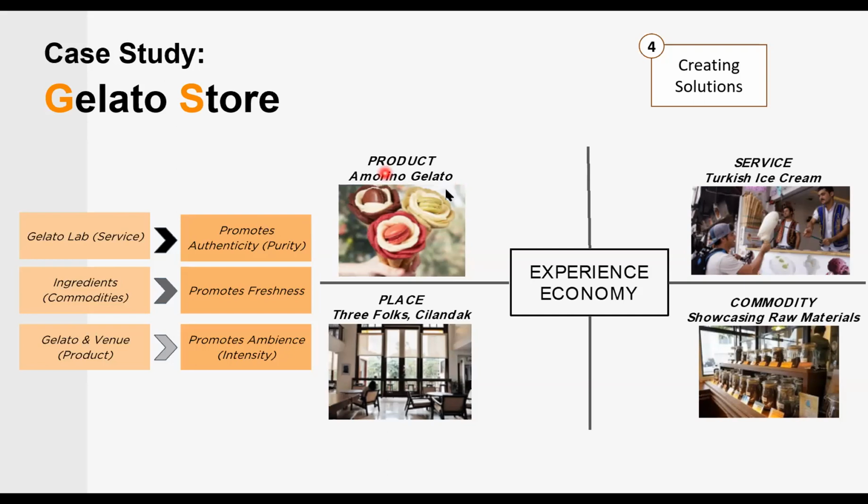So what is so different about them? They're making the experience different by making the gelato into flower petals. And it's really, really nice. The flavors are actually good, and it makes it interesting.